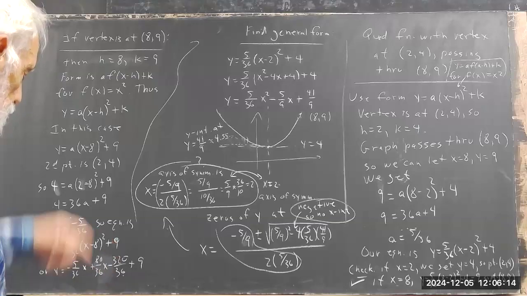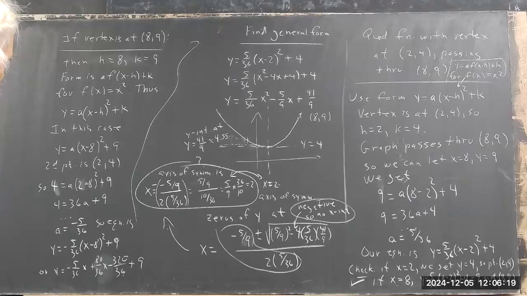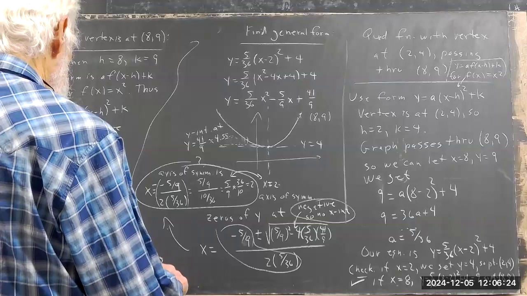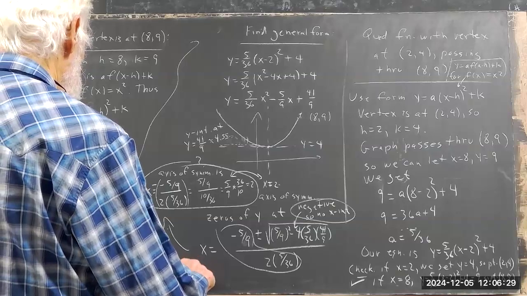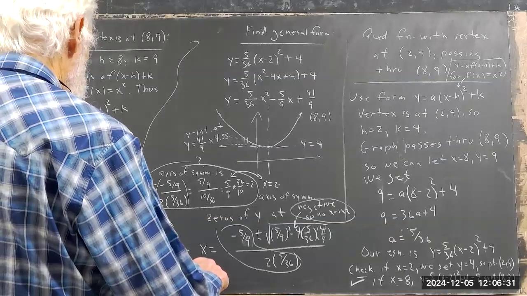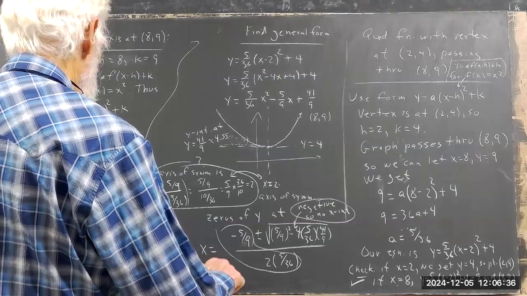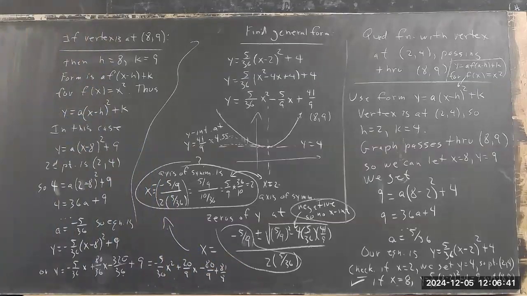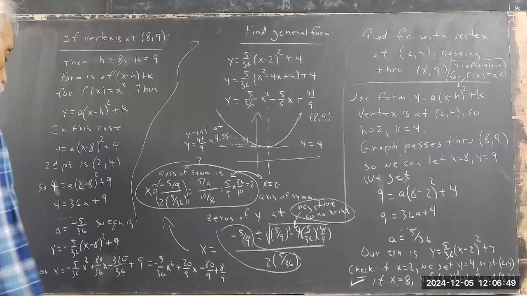This fraction reduces to 80 over 9. So we get all this. Okay. In any case, we notice, should be x squared here.